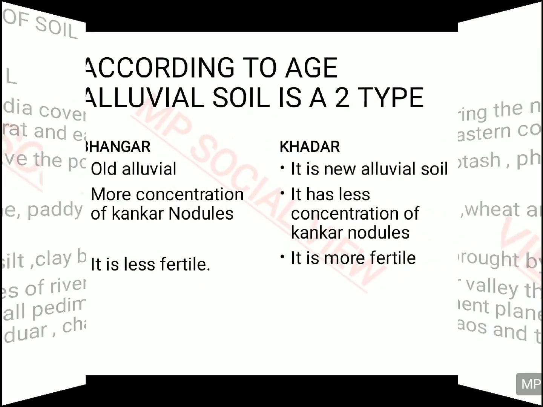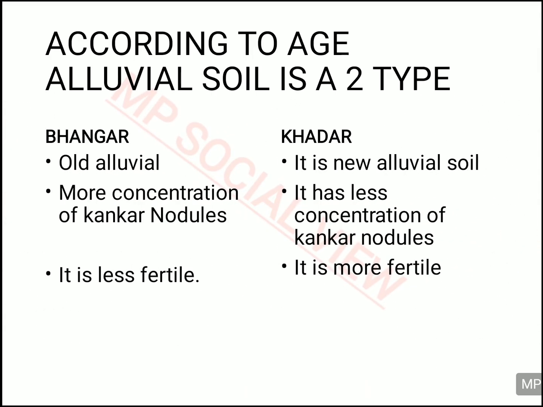Also this alluvial soil is of two types, which you studied last year in the 9th class also: Bhangar and Khaddar. Bhangar is old alluvial soil and Khaddar is new alluvial soil. Bhangar is rich in kankar nodules.